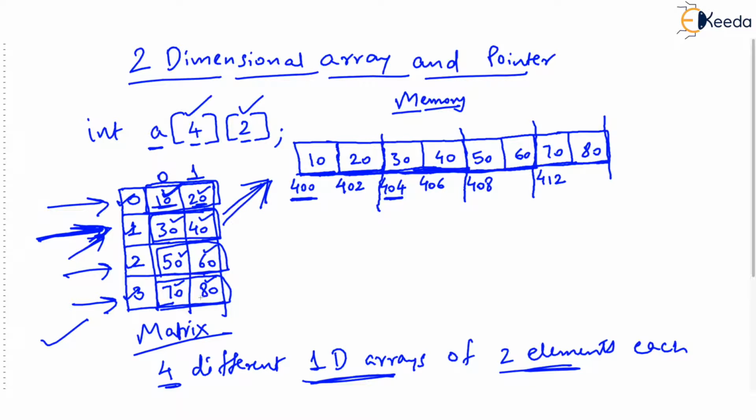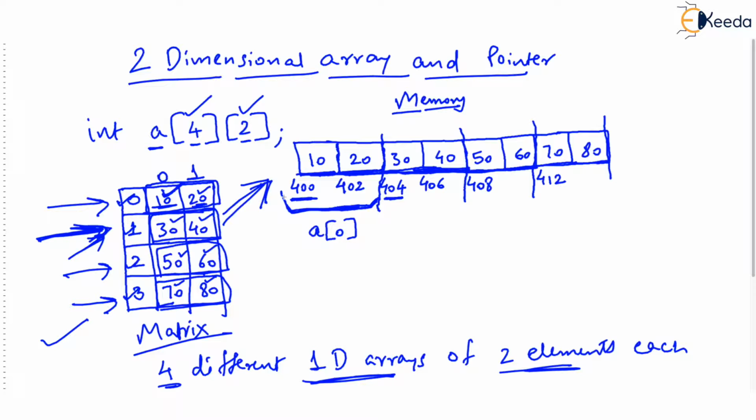Okay. Now one more thing. This entire block, this block which I am marking, what is this? This is values of row 0, 10 and 20. In fact, this represents row 0. Then, if these values 10 and 20, that is 400 to 403, represent A0, then this entire segment can be known as A0.